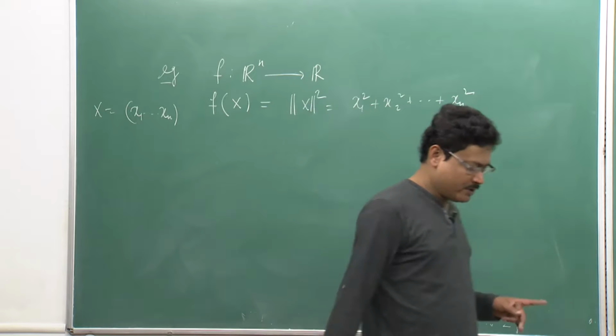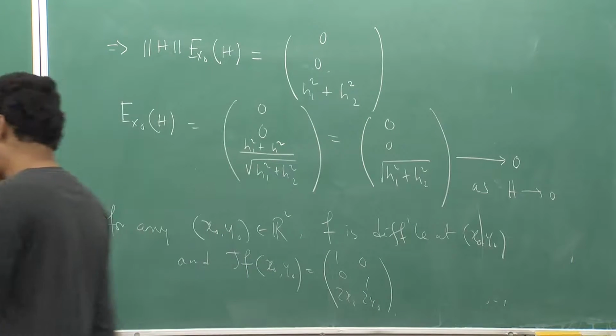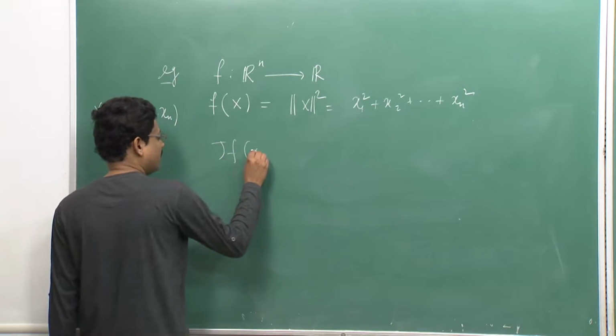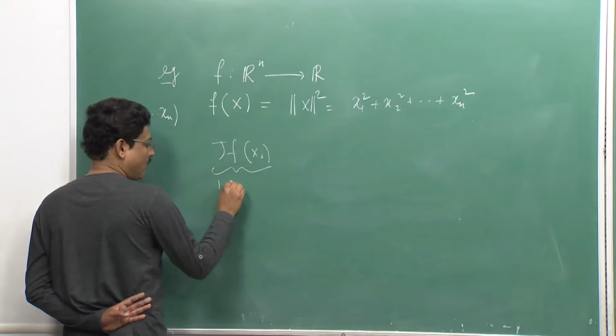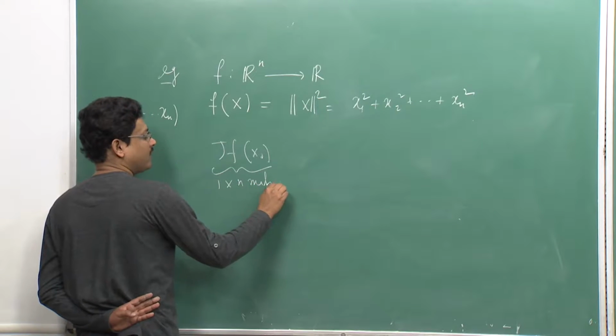Now, m equals 1, so there is only one f. So, the Jacobian matrix will be, according to our prescription, a 1 cross n matrix, that is a row vector.